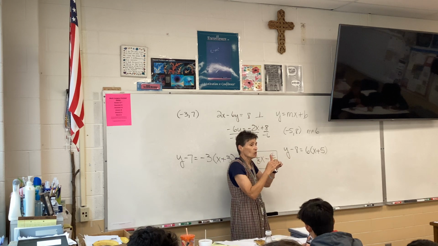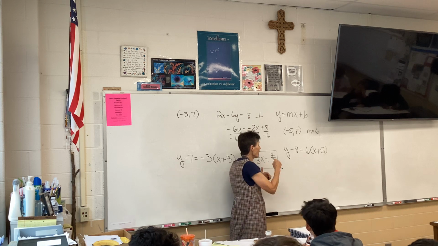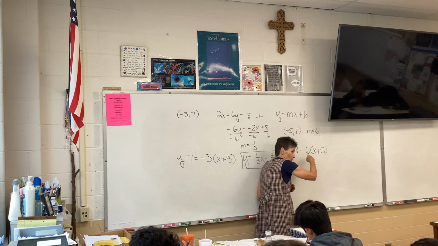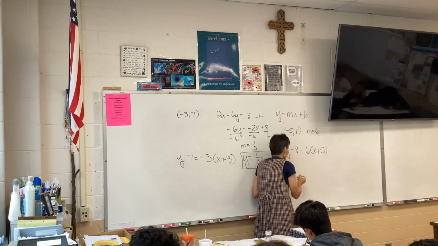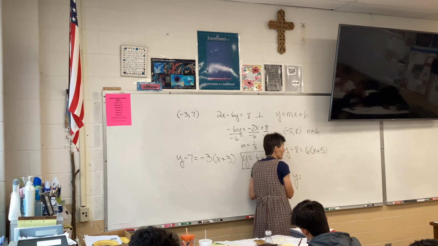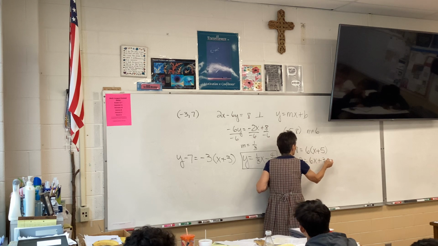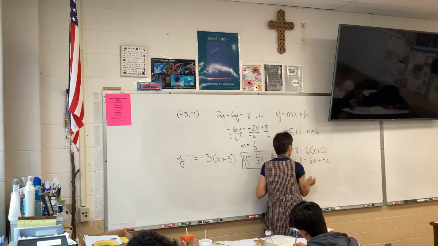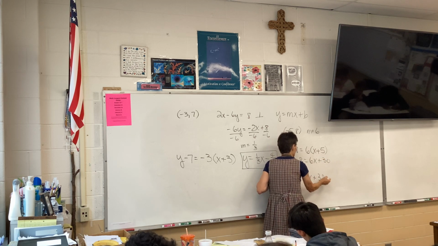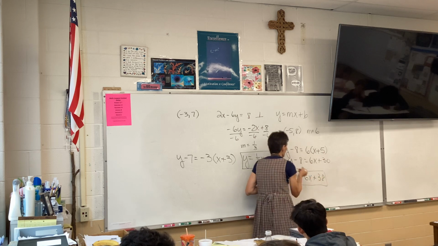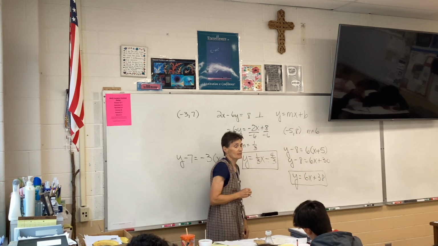Now, this is point-slope. I need slope-intercept. So all I'm going to do now is a little bit of arithmetic here and get y by itself. So I'll distribute and add. And that's my slope-intercept form.